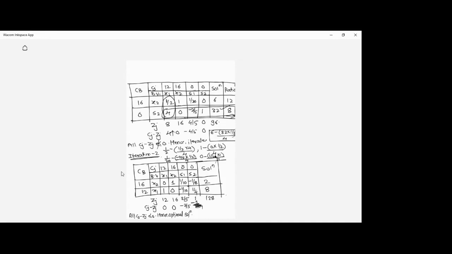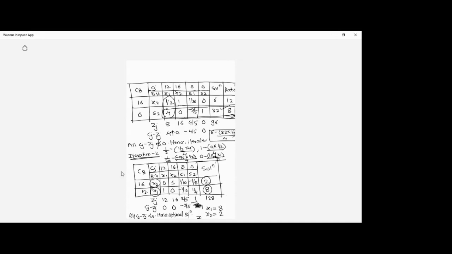Now how to identify the optimal solution? That is okay, we have identified it. But the problem was we have to find the Z max value, as well as give the x1 and x2 values. So what will be the value of x1? The value of x1 is nothing but 8. The value of x2 is nothing but 2.